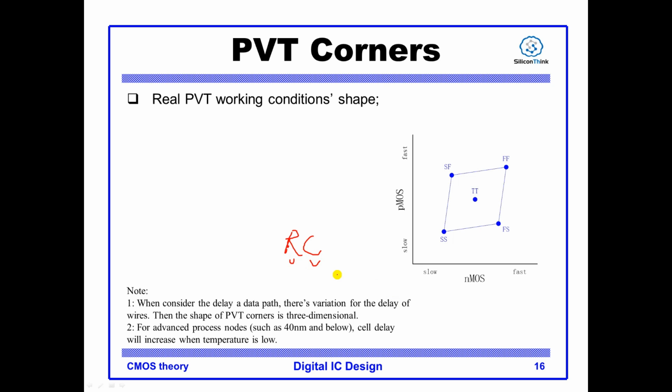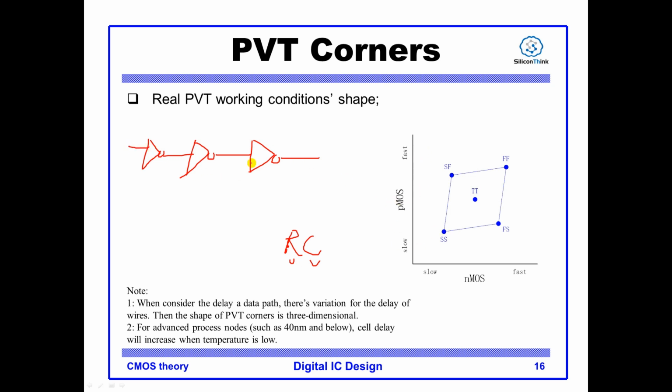The foundry can't make sure the capacitance and the resistance value are constant. So there is variation on the value of the RC. So when you connect cells up, there are wires. When you connect inverters up, there are wires.